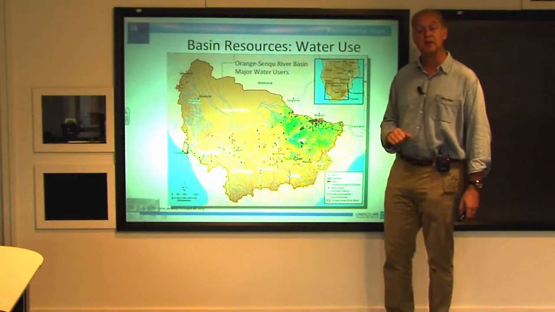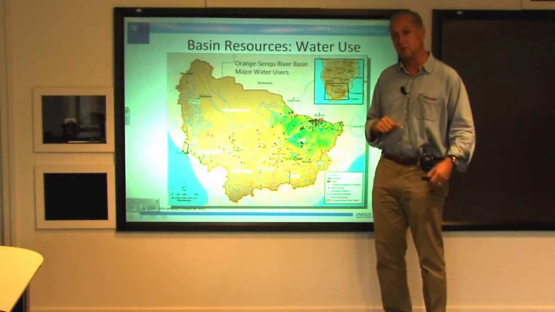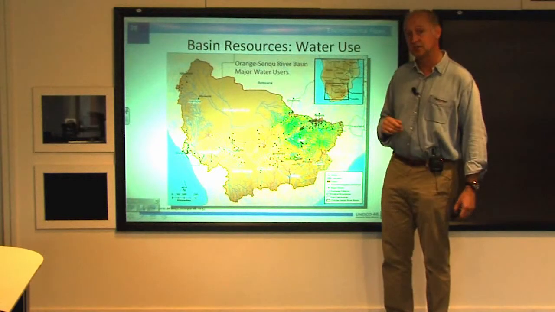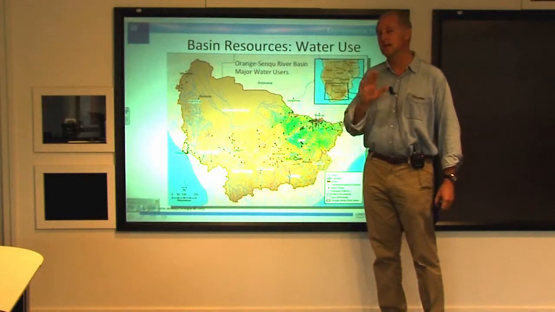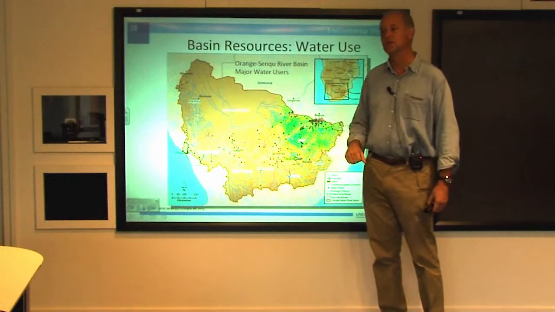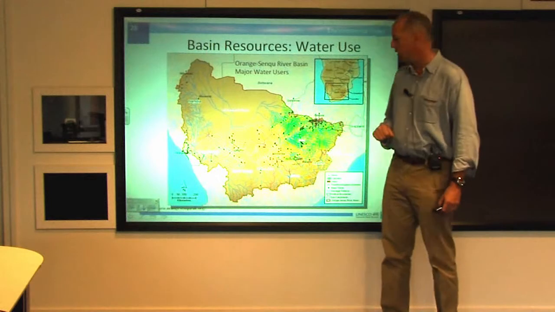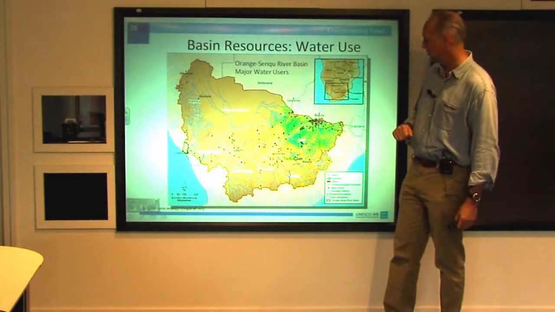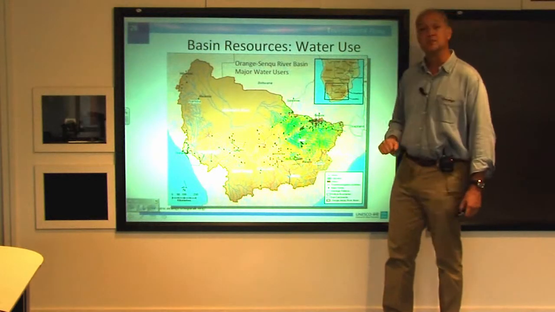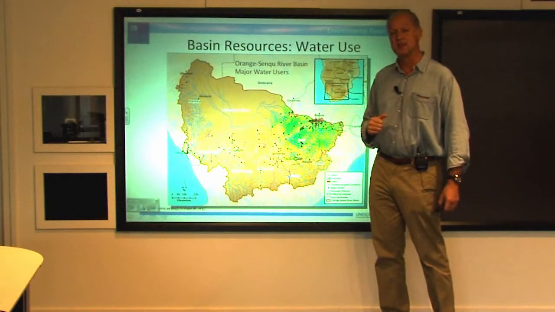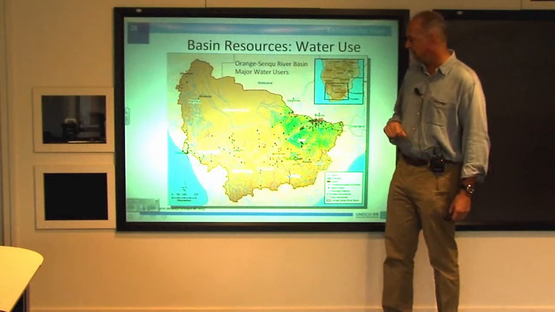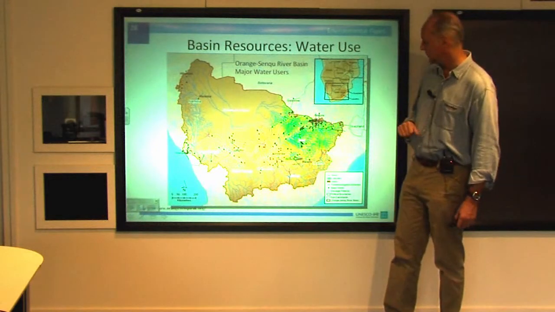This map is showing some different water users and how they're distributed in the basins. The small black triangles that you'll have to see on your own version of the presentation, if you have it opened up beside you, are the location of mines. And we can see there's a lot of mining activity in this river basin, and water use is generally important in mining operations.